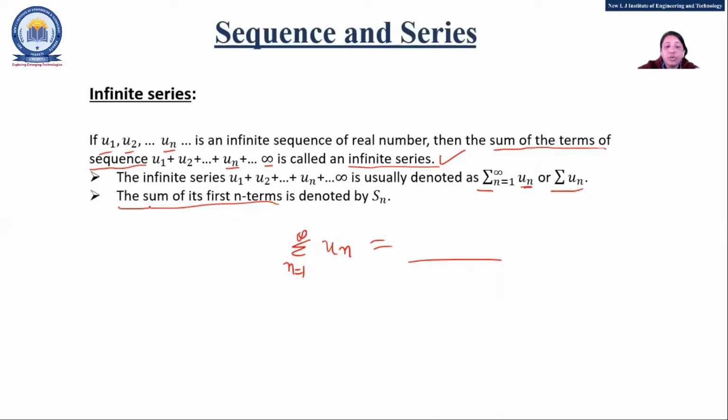The sum of the first n numbers is denoted by Sn. You need to remember that, or directly they'll ask you to find Sn. So Sn means the sum of the first n terms of the sequence. So an infinite series is a sum of infinite sequences, and sequences are real numbers.